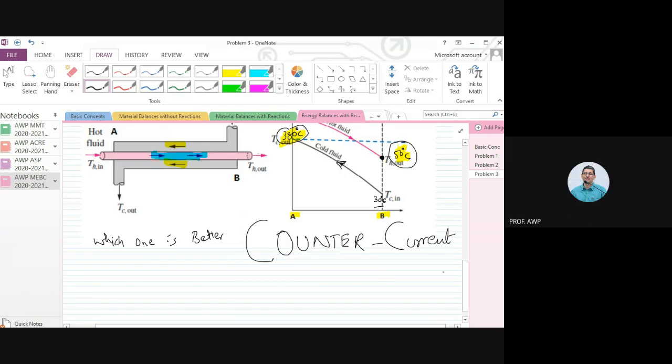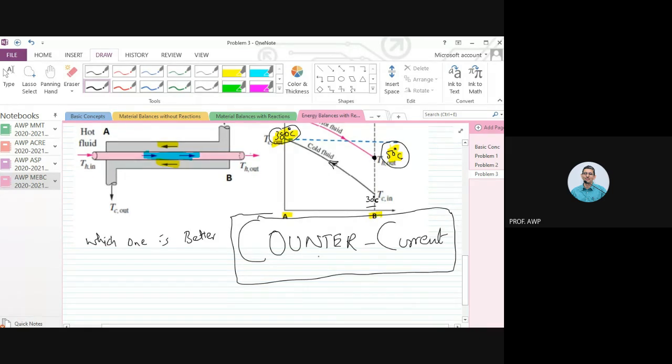This is a very, very important concept of co-current versus counter current. We are going to encounter this concept again and again in second year, third year, fourth year, and counter current is always going to be better. And in fifth year, sixth year, seventh year, and so on.